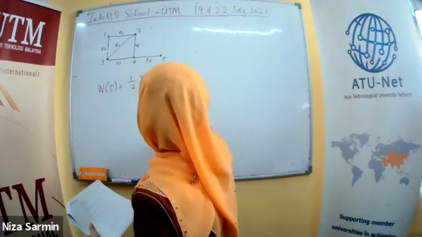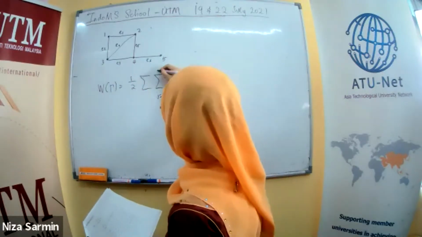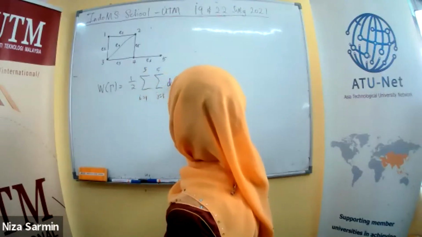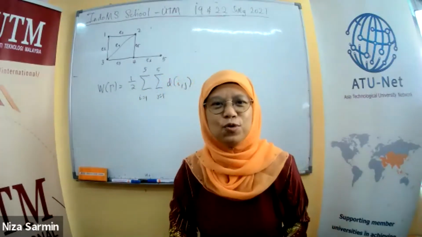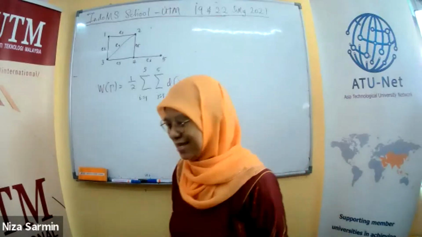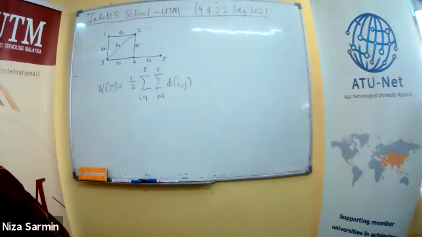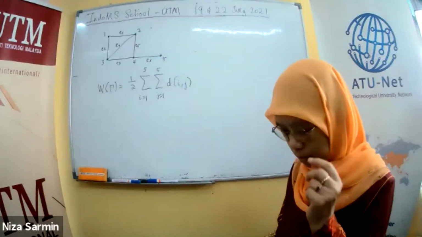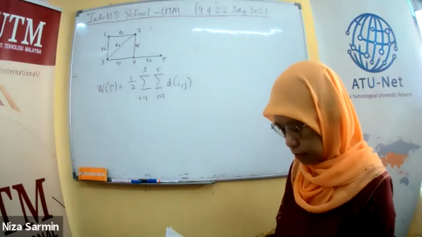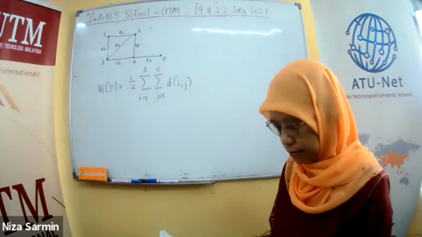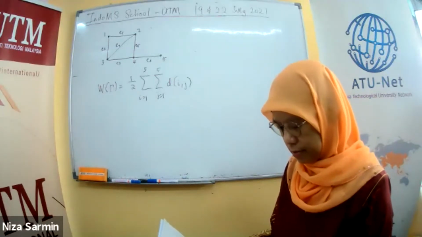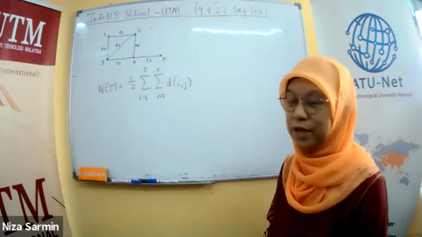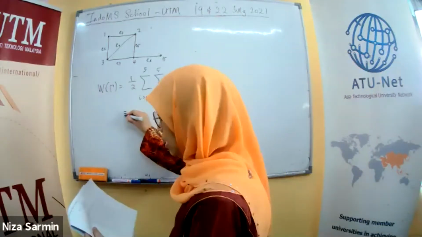So now, this is 1 until 5, right? i from 1 until 5, d of i, j. I give you 3 minutes. How many times do you have to calculate? 5 times 5, 25 times, right? Don't forget the 1/2 outside.